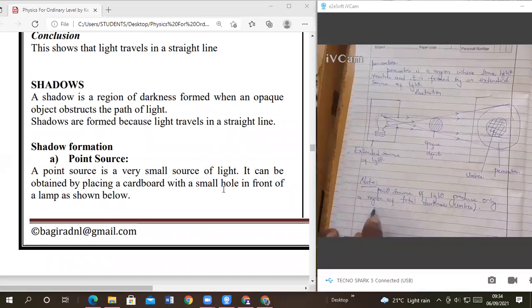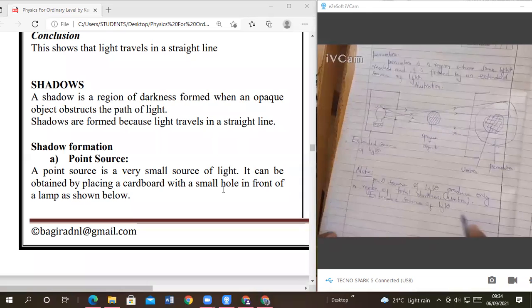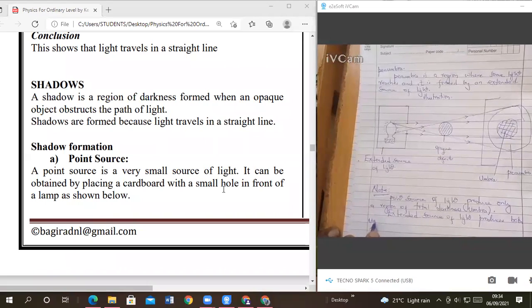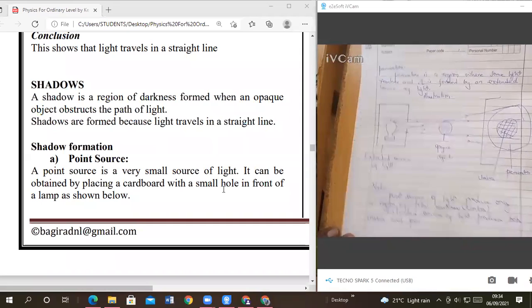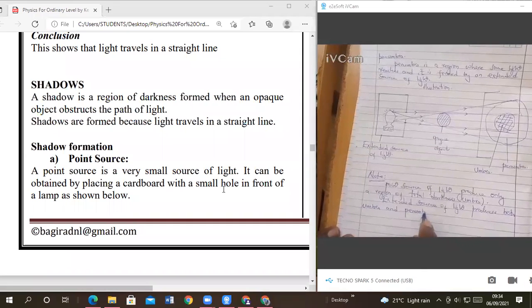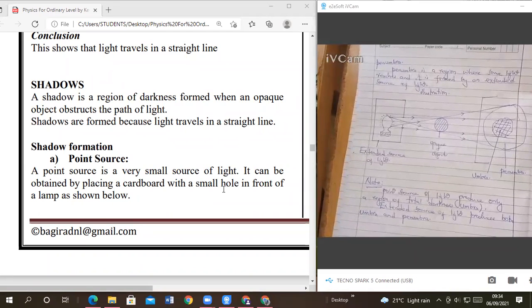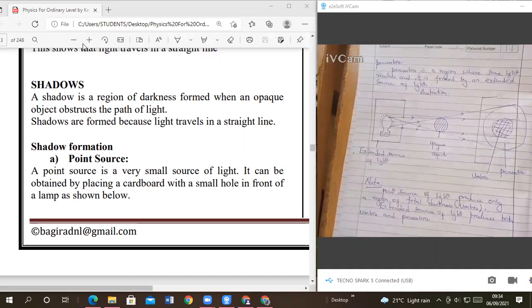Full stop. An extended source of light produces both umbra and penumbra. Are you together, members? Yes.